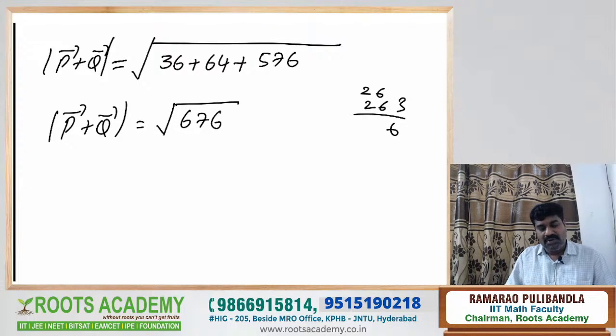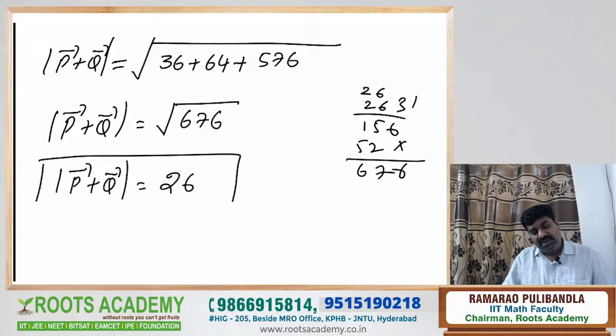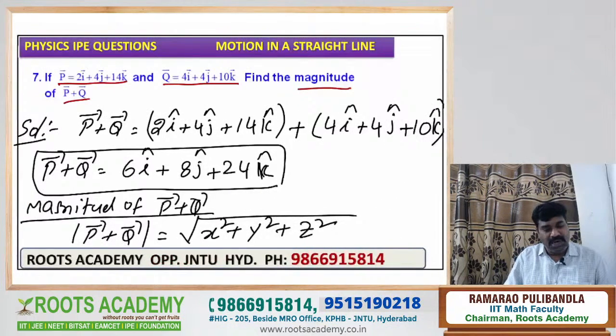So the magnitude of P bar plus Q bar is 26.